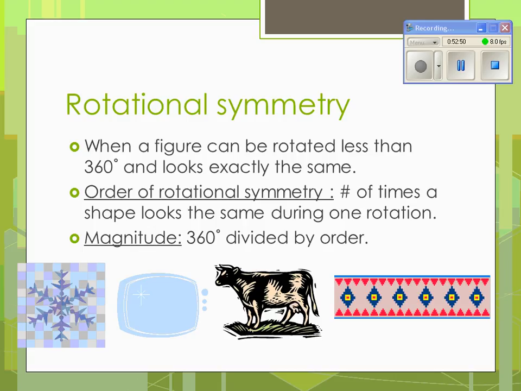Remember, order, you just count the number. How many times that shape looks exactly the same, and you always start with 1. The first time is 1, second time looks exactly the same, 2, so on, so on, so on.